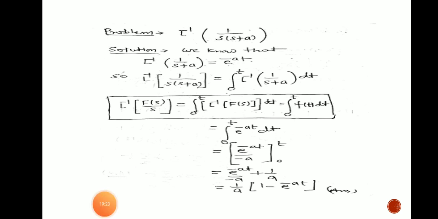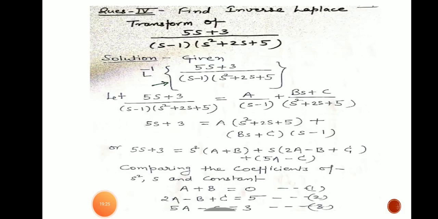Now look at the next example. Here find the Laplace inverse transform of (5s plus 3) upon (s minus 1) into (s square plus 2s plus 5). In this problem we are using partial fractions.